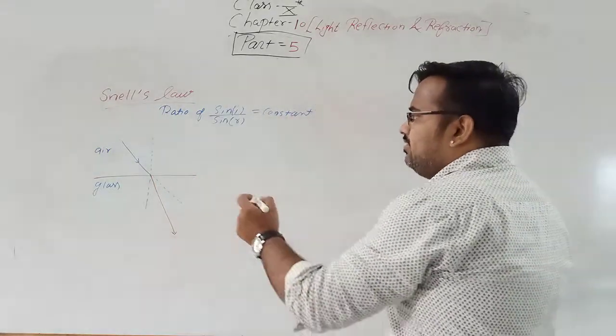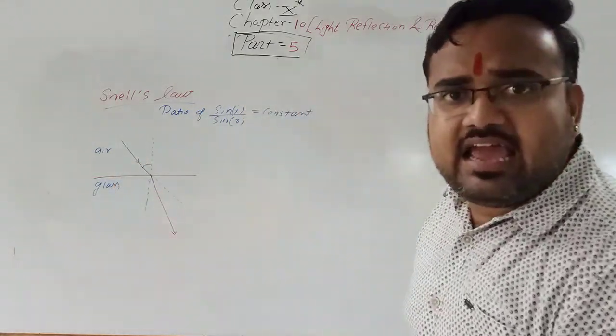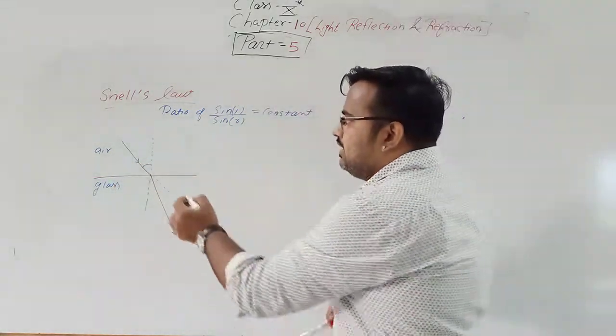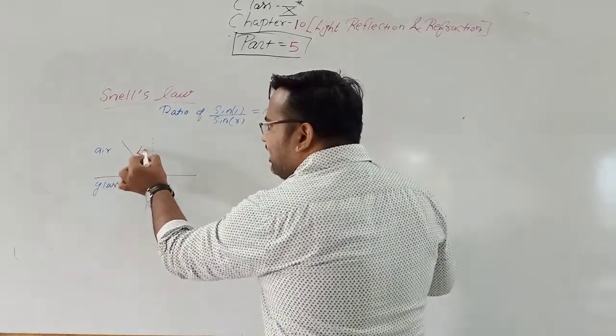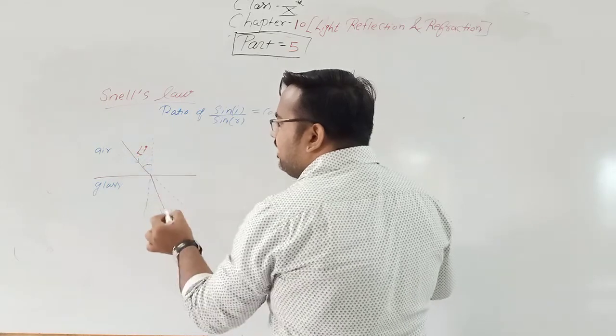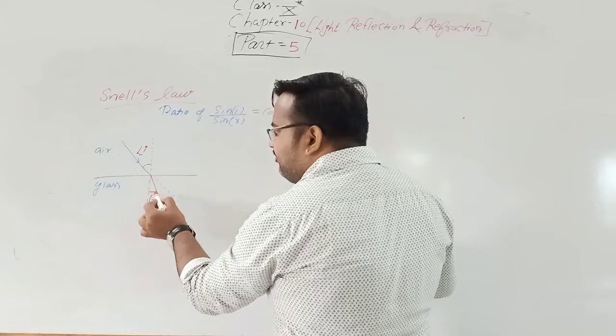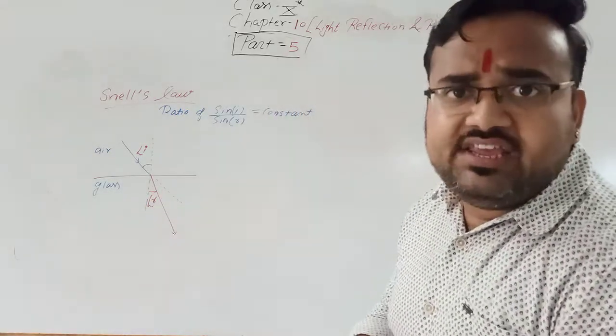Now see, this is the angle which the incident ray has made with the normal. This angle is known as the angle of incidence, and this angle is known as the angle of refraction.